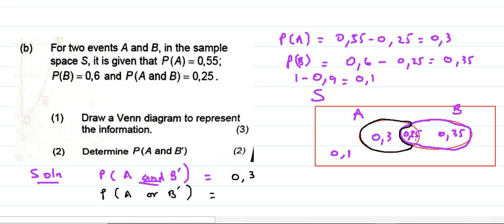Now we are looking at the probability of A, which is 0.3, and because it's B complement now, we look at B complement as being just excluding this.